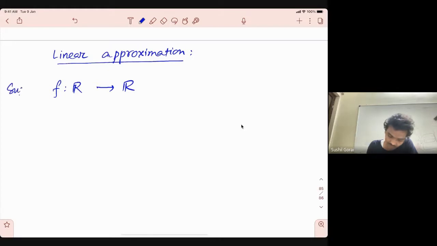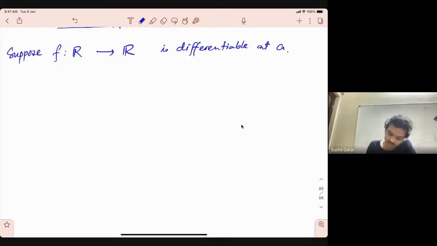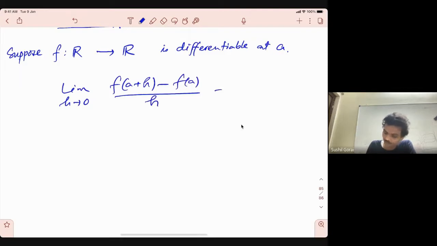Let me repeat that. Suppose f from R to R is differentiable at a, then of course this limit as h tends to 0 of (f(a plus h) minus f(a)) by h exists, and this is f prime of a. So this means that for every epsilon, let me write a little more, h tends to 0, h is in R now.